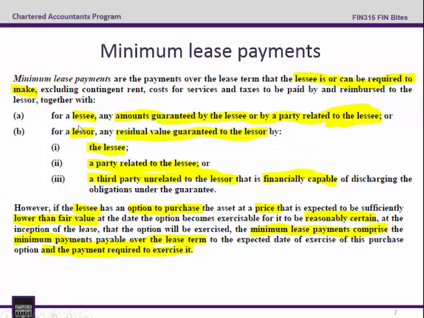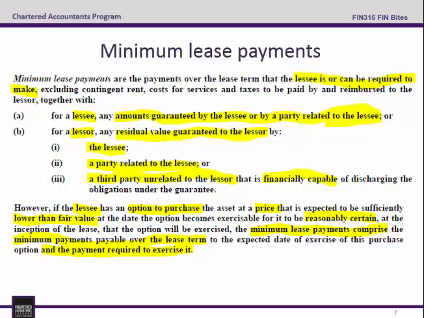So what that's saying is, for a lessee, what must you pay? And if you've got any amounts that are guaranteed by a party related to the lessee, then any of those amounts as well. So if you had a subsidiary and it was going to guarantee a payment, it's related to you, so you'd include that amount as well.